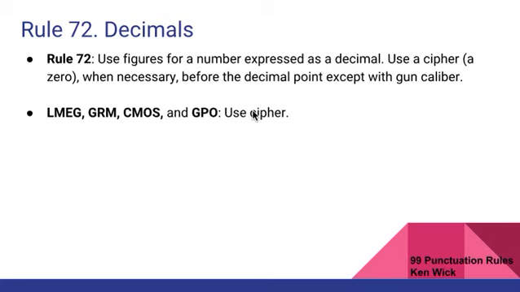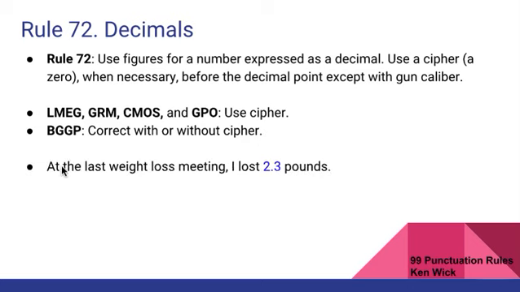But the thought is that with the dollar sign and no cipher, the dollar sign forces you to look at it, so you don't read over the decimal point, or at least that's what I read. So in this case, these references all use a cipher, the 0 before, just in case. And the BGGP says it's correct with or without the cipher.